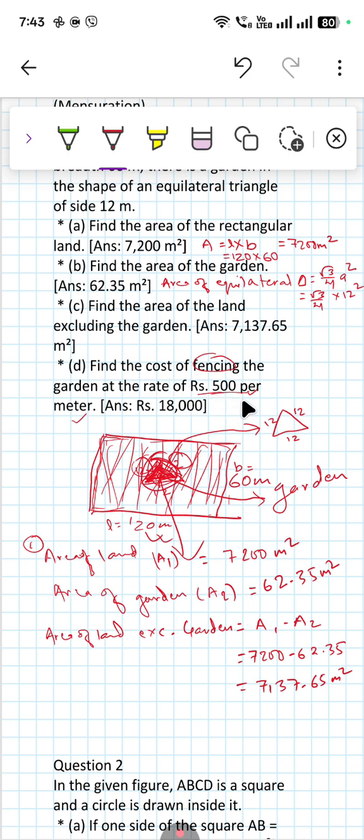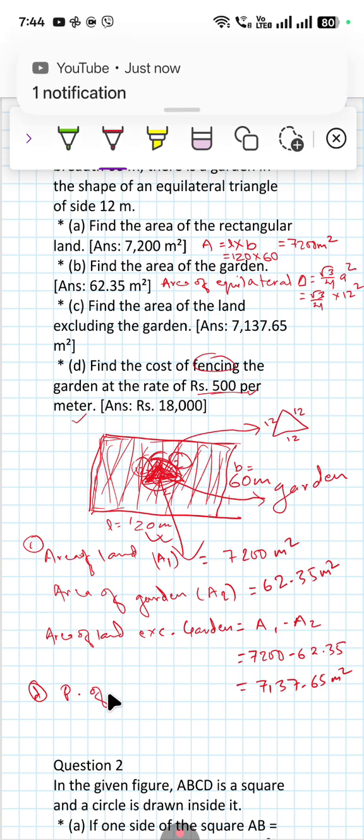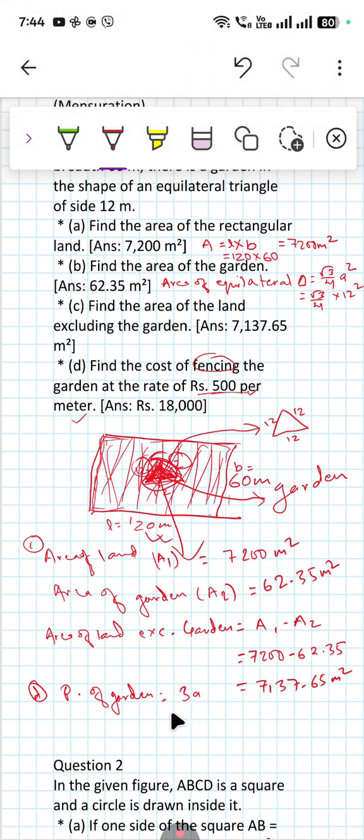So what we have to do is add all the sides and find the perimeter, or you can use the formula for the perimeter, that is 12 plus 12 plus 12. Perimeter of the equilateral triangle garden is equal to 3a. It means 3 into 12, 12 3s are 36 meter.